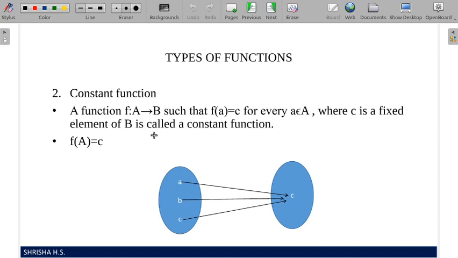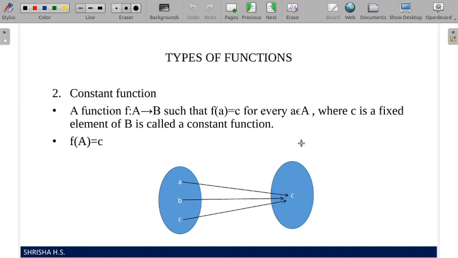How to represent that? F of A, you apply the function to the entire set A and you will get the same result, f of A equals c. The range of the function on set A is constant, that is only one element. So if you apply on A, you get c. C represents some constant.